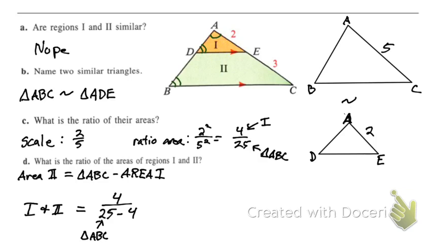Our area 1 is that 4. So it's ABC minus 4, which is going to equal 4 over 21. So in the ratio, our area 1 is 4. In the ratio, ABC is 25. So 25 minus 4 is going to leave me with the area 2 in that ratio. Yes?